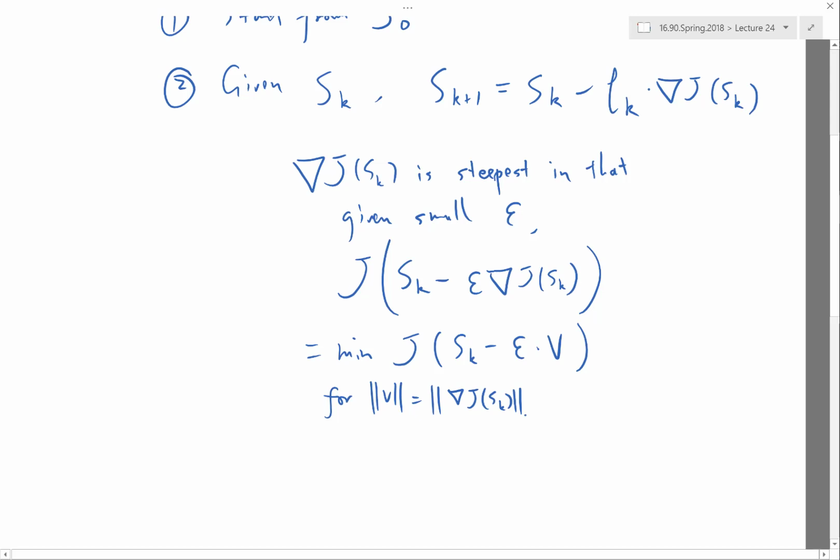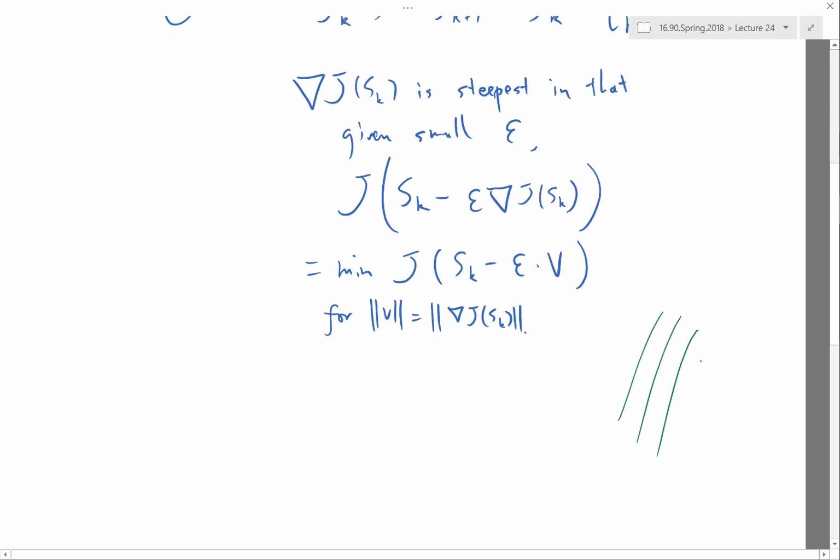It looks like a linear slope, where the contours are equally spaced and parallel to each other, and sk is going to sit right over here. Now imagine I want to take a fixed small step, which is basically going to a point that lies on a fixed radius around this point. Which direction should I go? Where on that circle should I go to have the most decrease in the objective function?